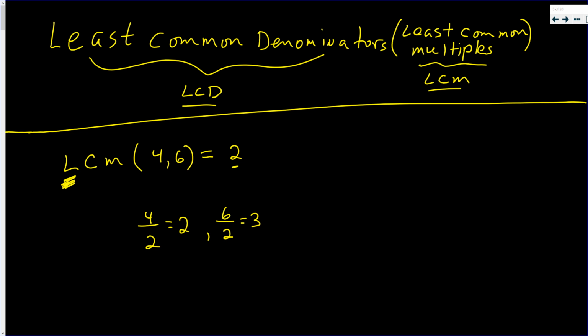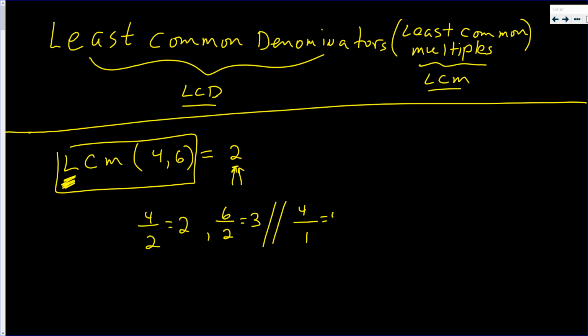And that's the least number. But that's wrong. Not only is doing it the way I'm showing wrong, but your answer is also wrong because 1 goes into 4 and 1 goes into 6 evenly. So if you're going to find the smallest number that goes into 4 and 6, it's 1.